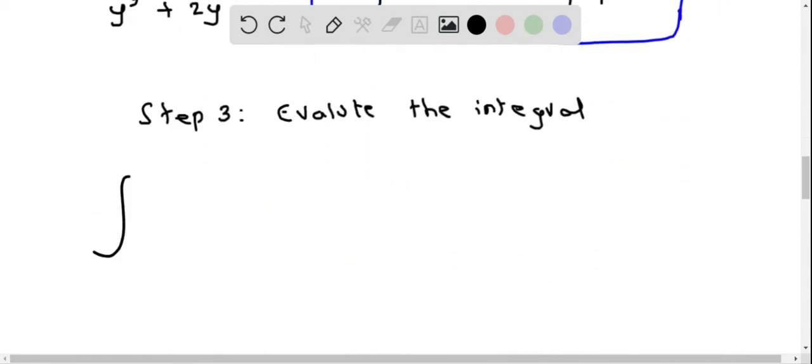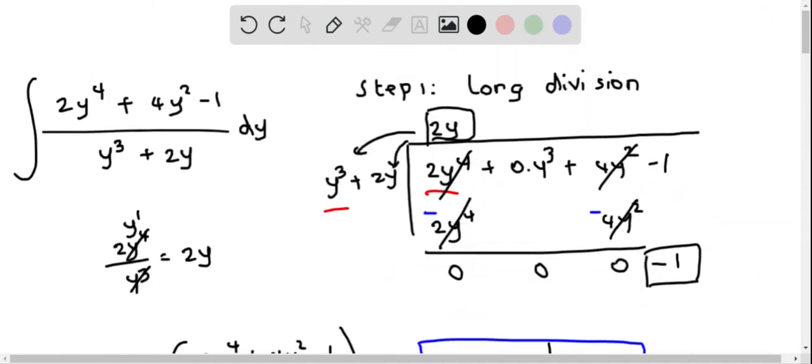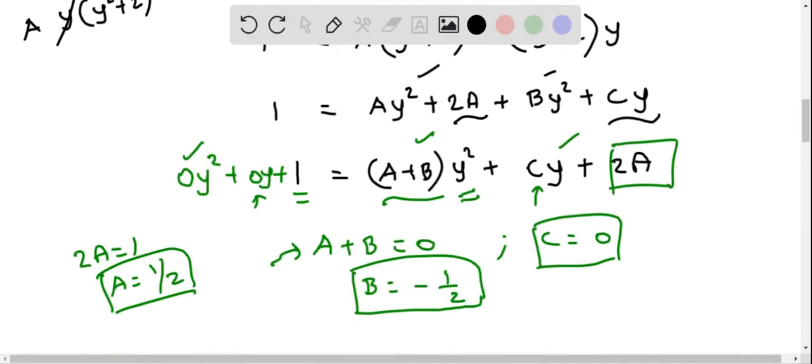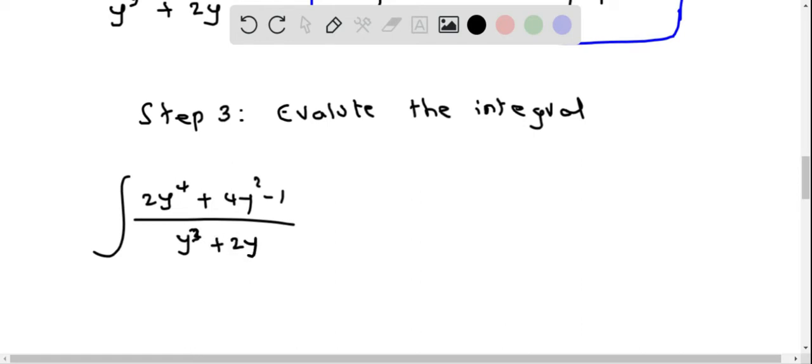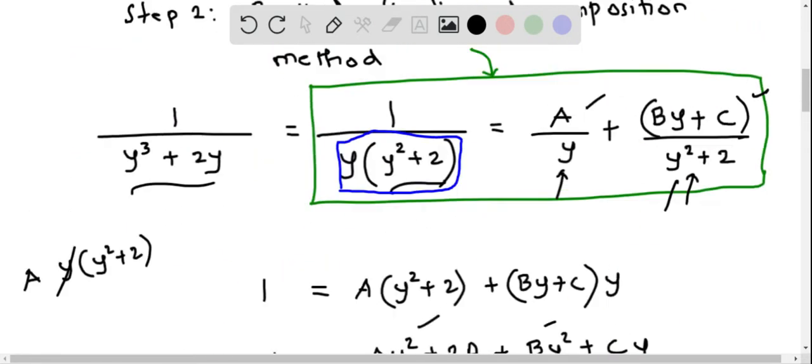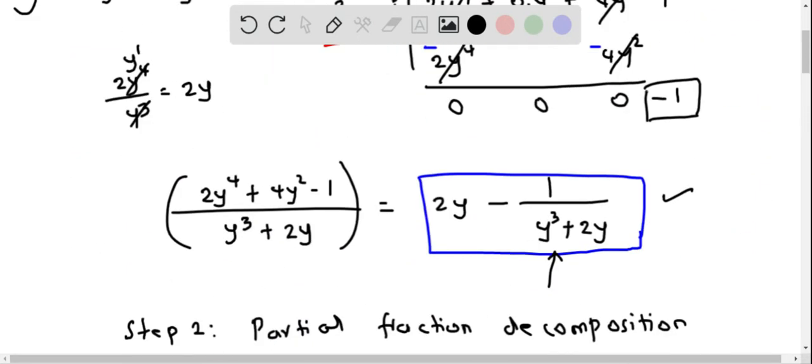That is, the original integral is 2y to the power 4 plus 4y squared minus 1, over y cubed plus 2y, dy. And this exactly equals, after the long division, we have written this as 2y minus this expression.